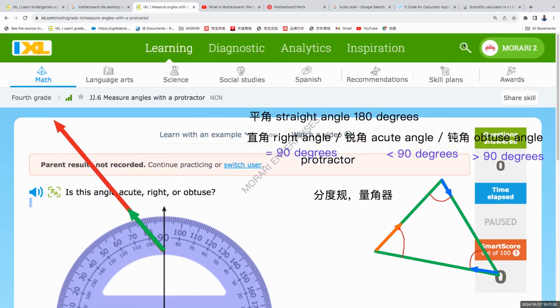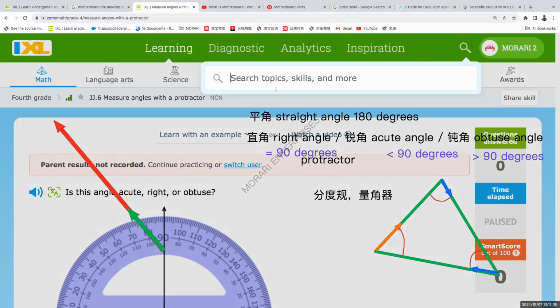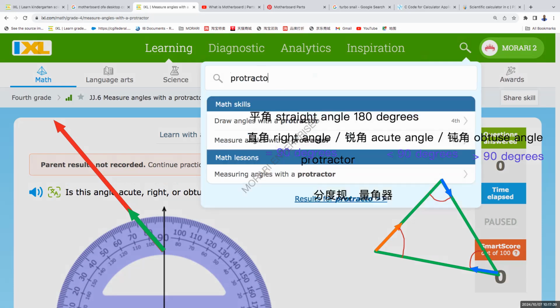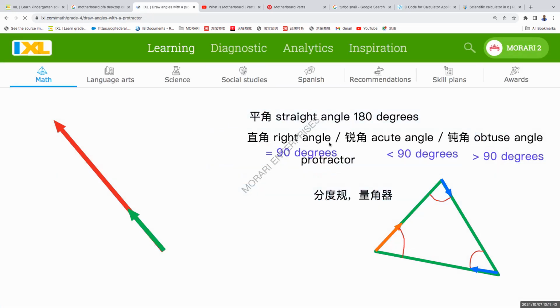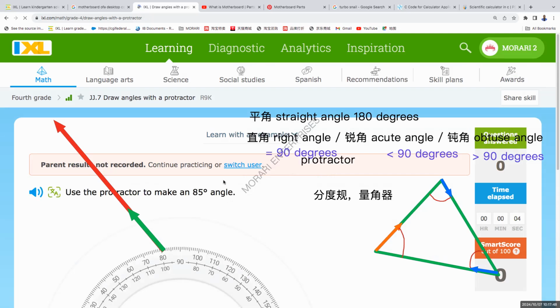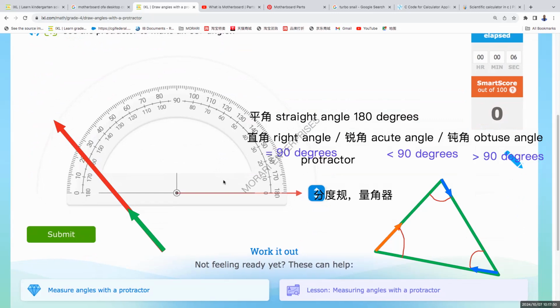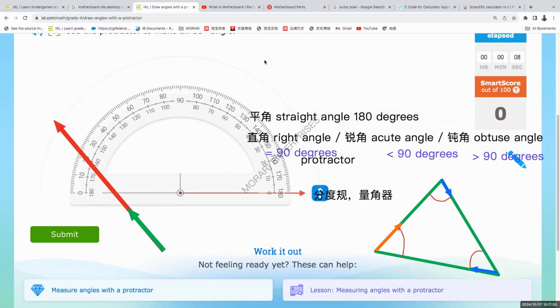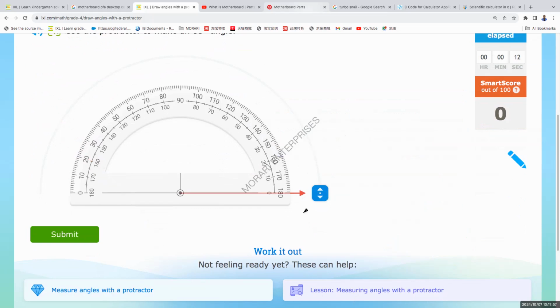So that's an interesting part. Protractor. When you go to IXL and you just search protractor, you say draw lines with protractor. You have interesting questions. And there's another one. You can say draw line with protractor.